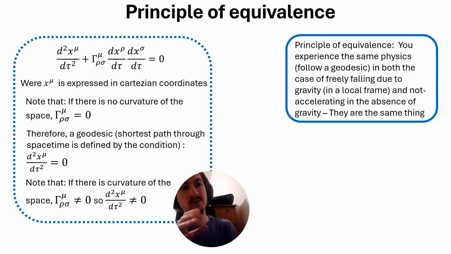Now here, I've been a little fuzzy in places. It's worth saying I will be very, very specific when we come on to applying our geodesic equation or our principle of equivalence to very particular examples. But this is the kind of general way to think about the principle of equivalence.